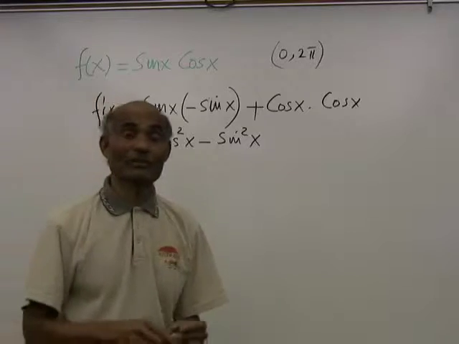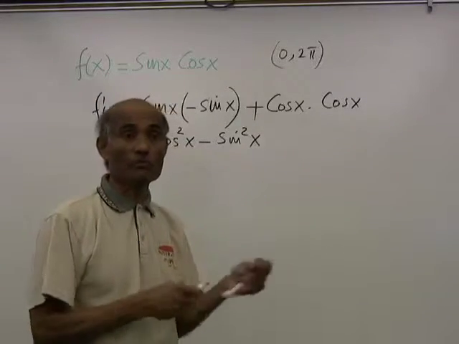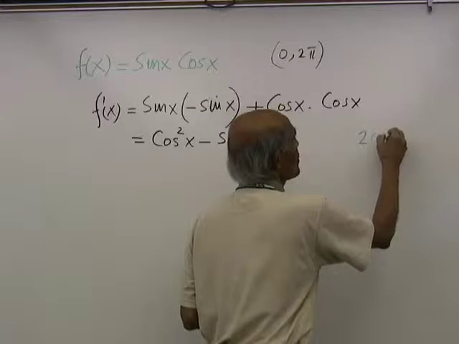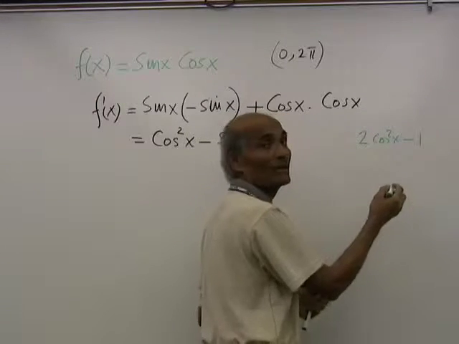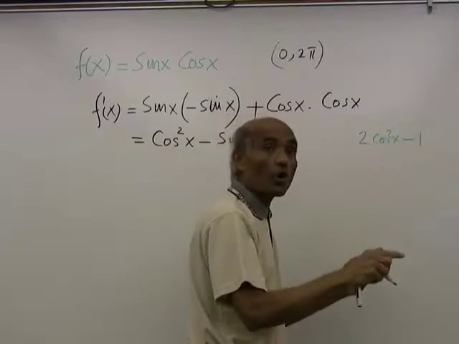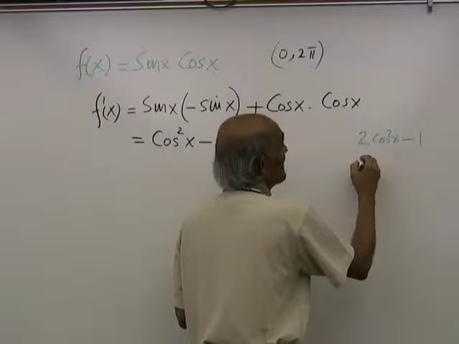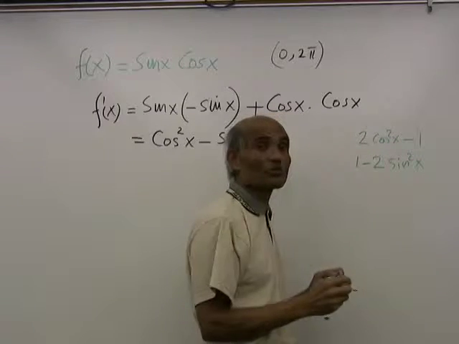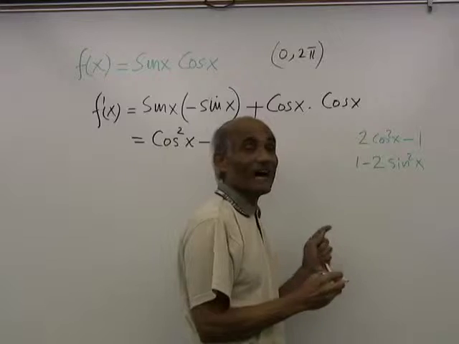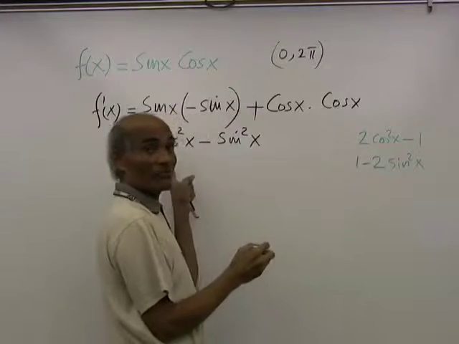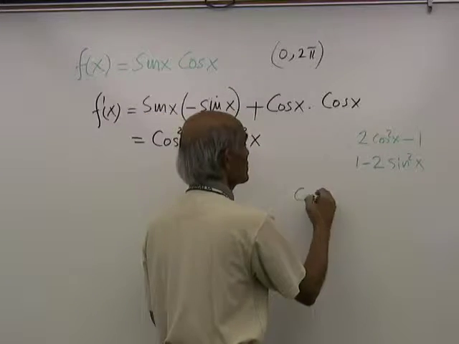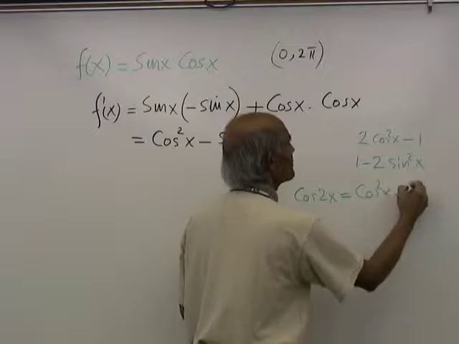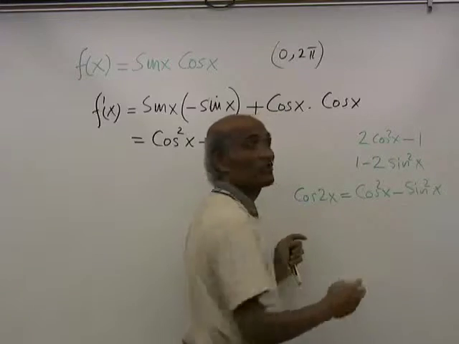Cos of 2x has three different forms, and one of them is 2 cos squared x minus 1, and that is cos of 2x. Another one is 1 minus 2 sine squared x. That also is cos of 2x. And the most important one that we're going to use here is cos of 2x is cos squared x minus sine squared x.